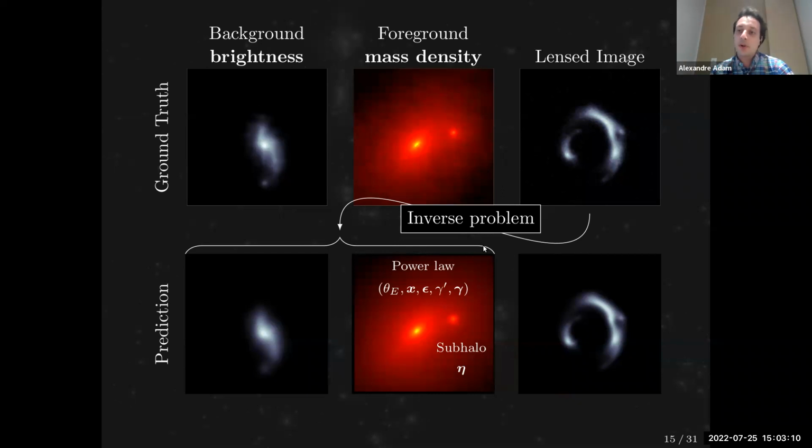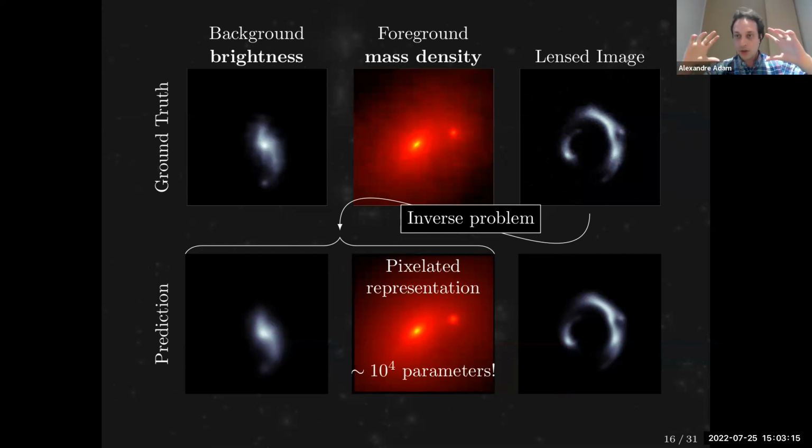Our approach is to ask: can we build a system that reconstructs these pixelated maps, such that we can reconstruct potentially any galaxy system, even the most complicated ones, and potentially discover in these systems dark matter subhalos, or things we didn't know could explain these lenses?